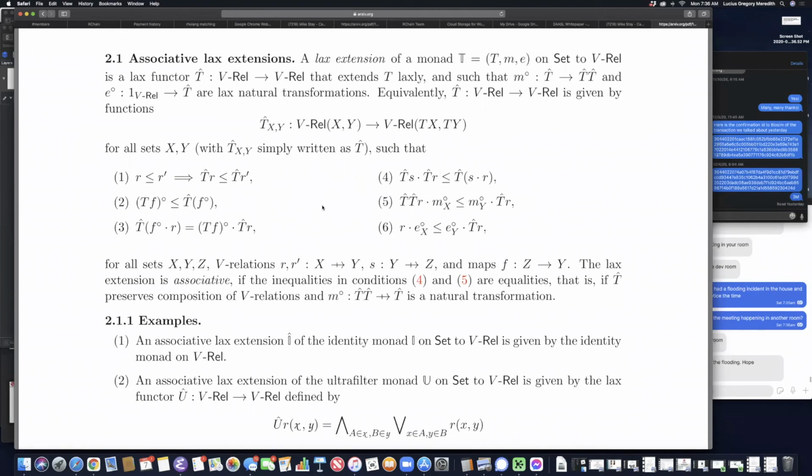In other words, the monad has to play nicely with the relations. And so this is one path to explore in terms of getting the monad to work nicely with the relation.